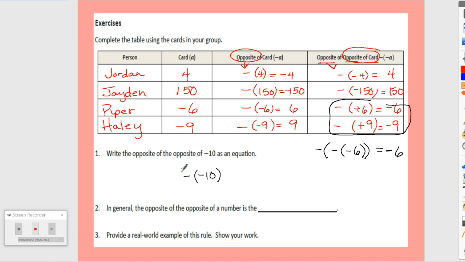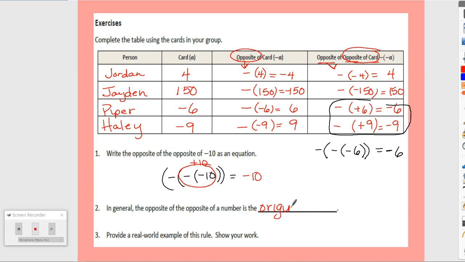So again, if I wanted to do that, I could put another negative here. All right, so let's look. What's the opposite of negative 10? This right here would make it a positive 10. And then what's the opposite of positive 10? Negative 10. In general, the opposite of a number is the original number.